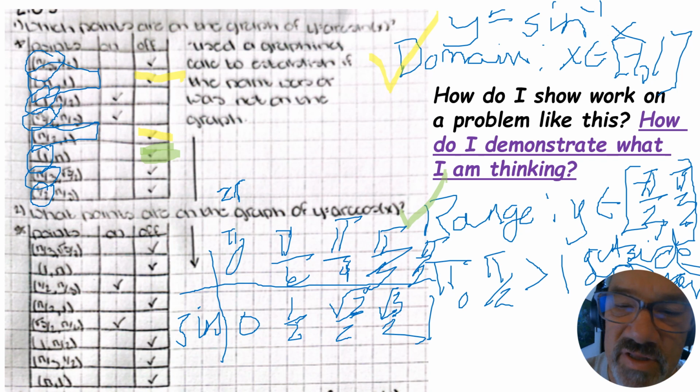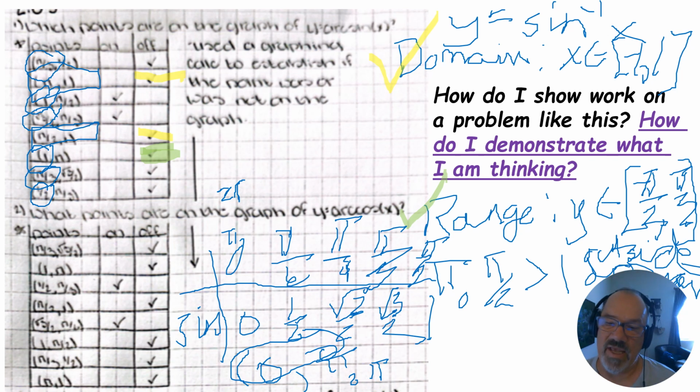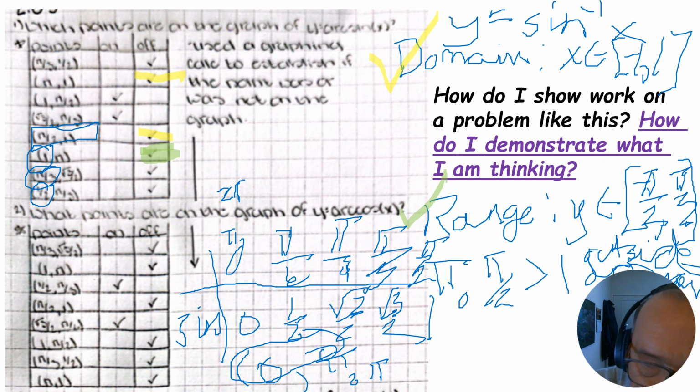Now, remember, this is for sine x, so I need to go backwards. So going backwards would mean 0, comma, 0 pi, 2 pi. But if you look at this, only 0, 0 fits the domain and the range. That is not one of my choices that I have there.